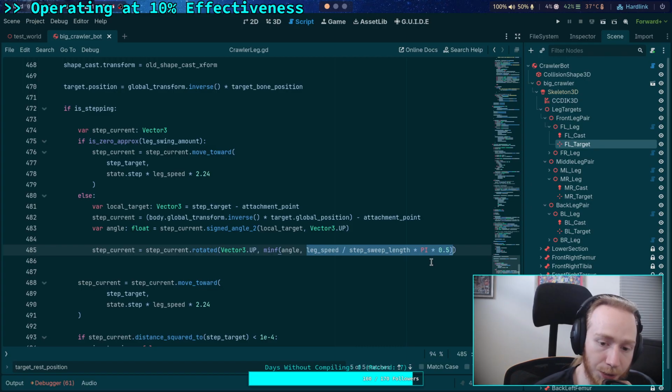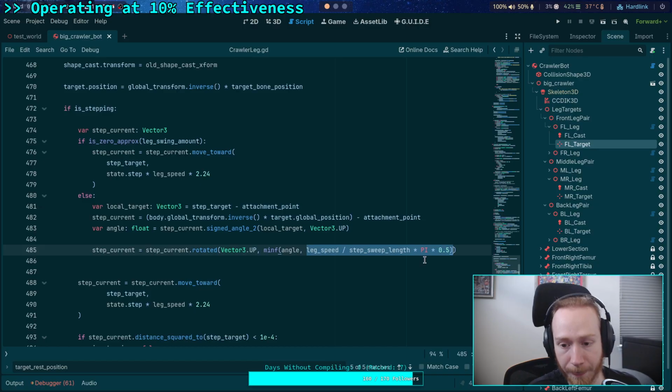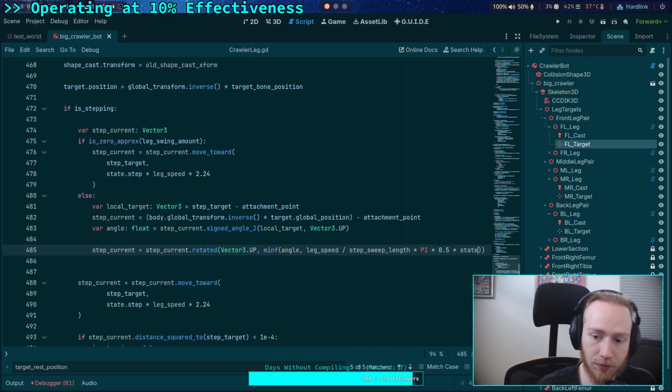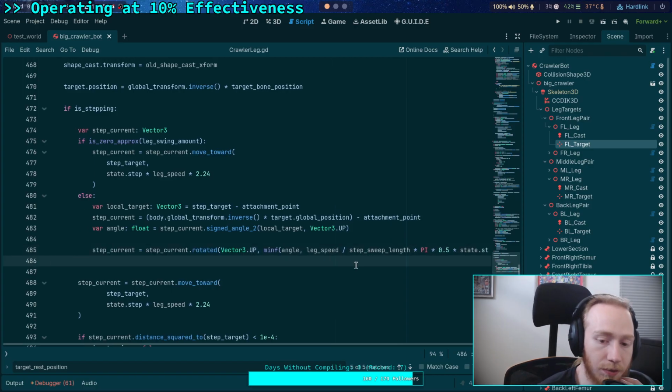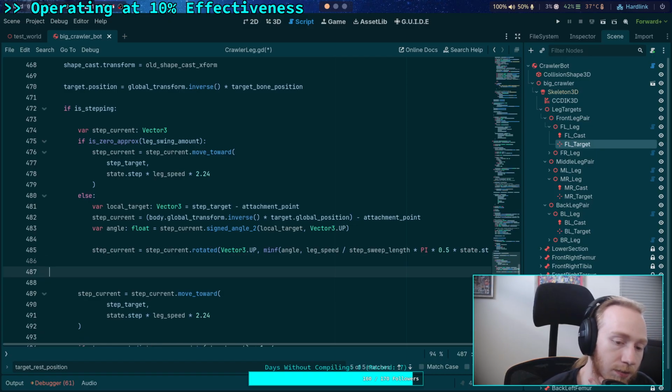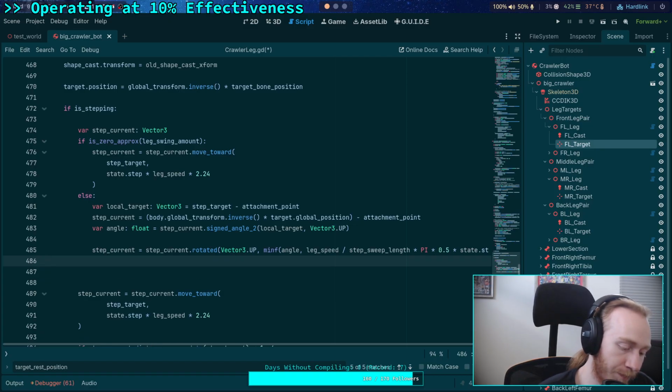Right, this has to be multiplied by the state step. So this becomes a per second thing. The length, though, is strange.